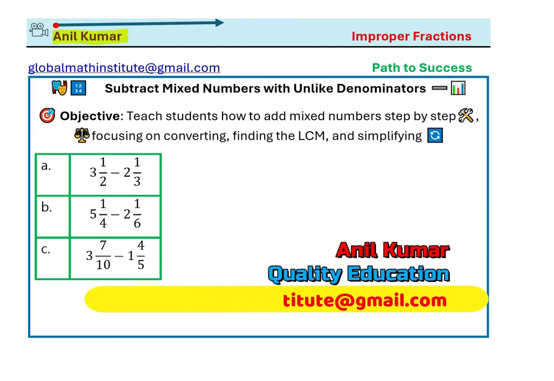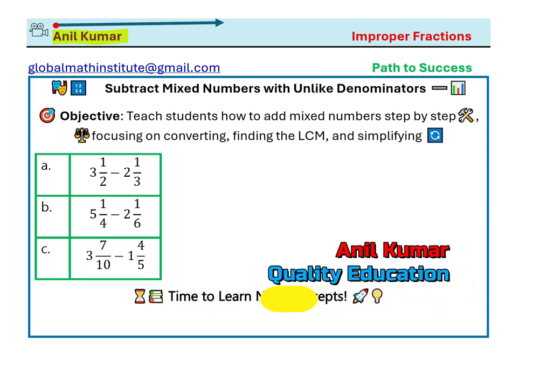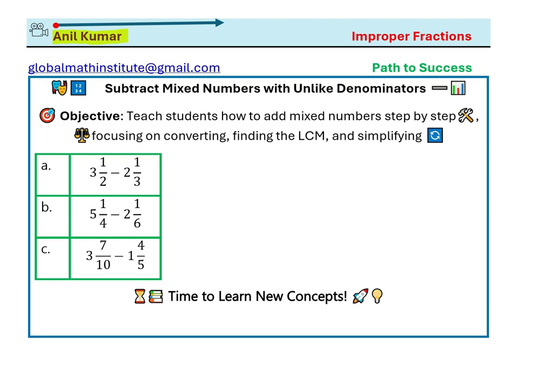So now let's begin with the very first question here, which is we need to understand how we subtract mixed numbers when the denominators are not the same. So we have 3 1/2 minus 2 1/3.